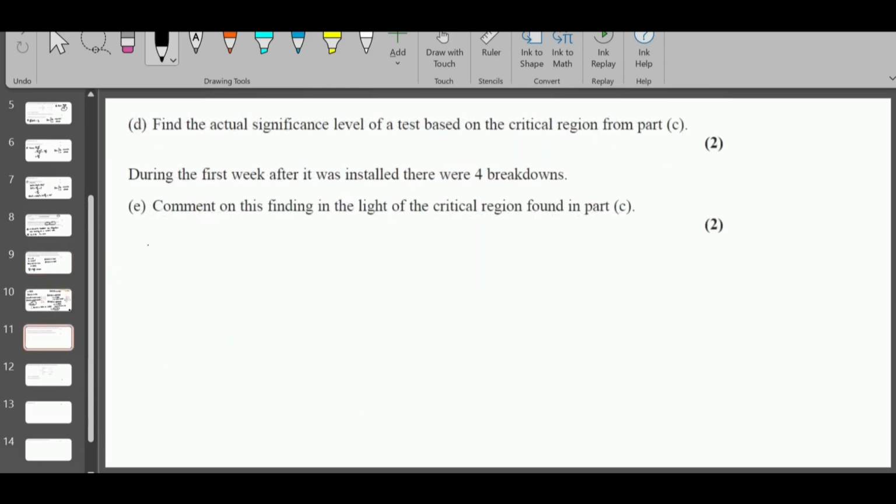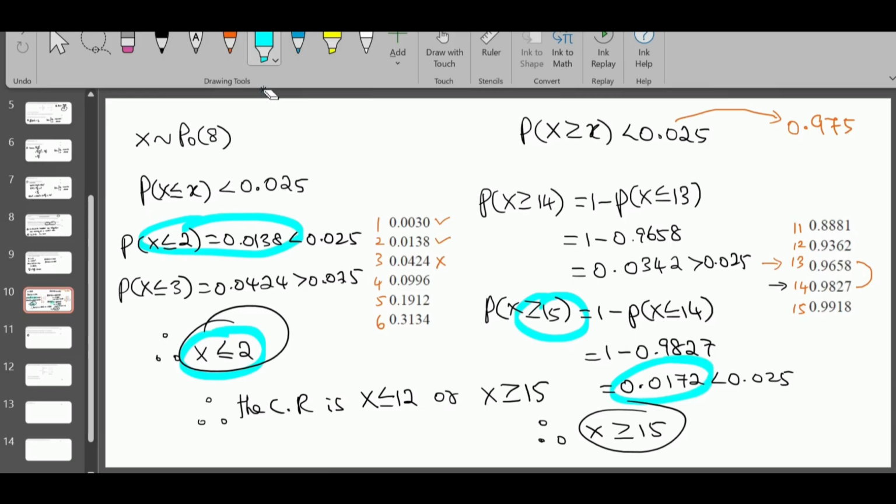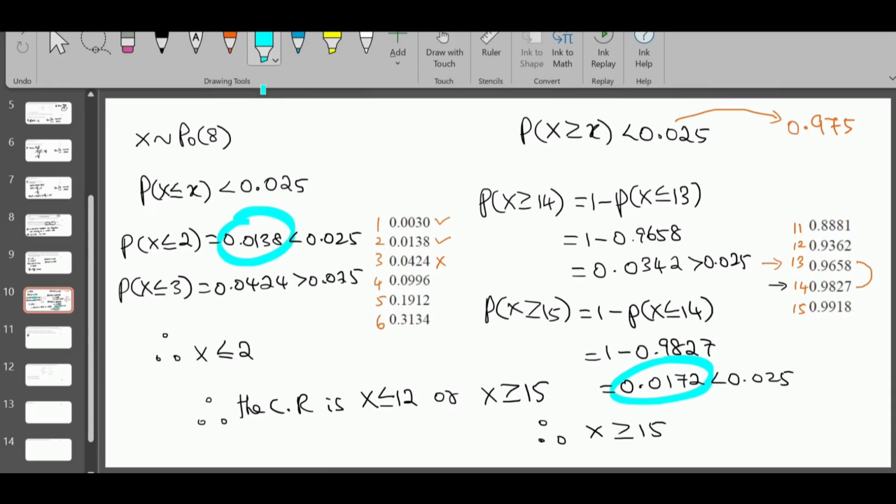Part D now, find the actual significance level. So you need to take the probabilities corresponding to the critical values. You need to take these two probabilities, the highlighted probabilities, and then add them, and change it to a percentage.